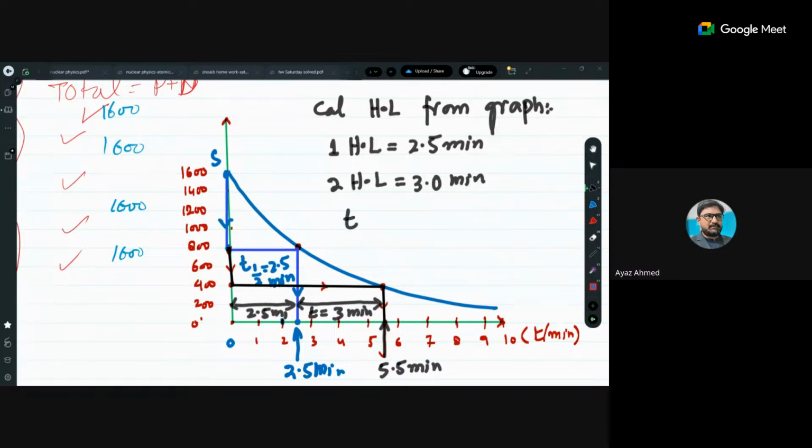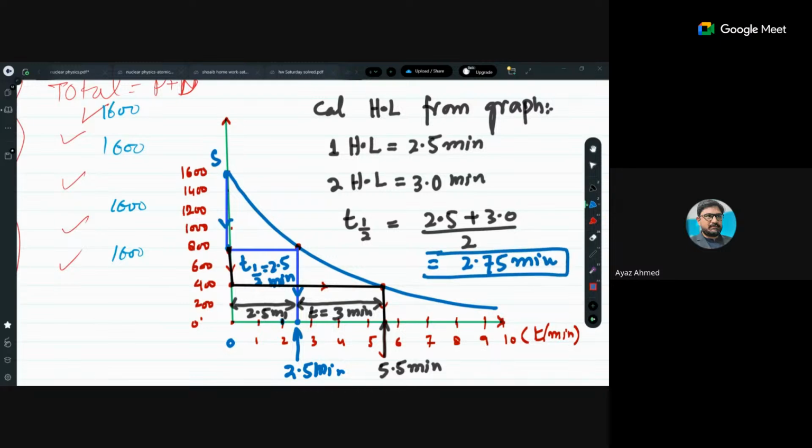So you can calculate half life is equal to 2.5 plus 3.0 divided by 2, because you have calculated two times, you have measured two times. So what will be the answer? 2.75. ऐसे ही होगा.